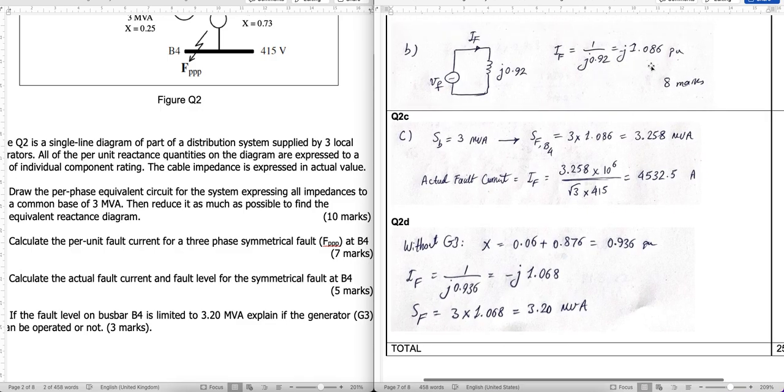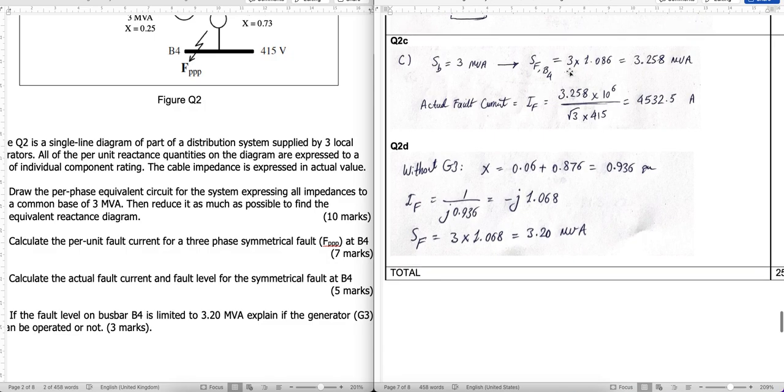So IF per unit and SF per unit are the same if VF equals 1 per unit. And that is actually true in most of our cases, because by default we are saying VF, the fault voltage, equals 1 per unit. So in this case, IF and SF in per unit are the same. So I used exactly this 1.086 here and multiplied by 3 MVA, and I got 3.25 MVA as the actual fault level.